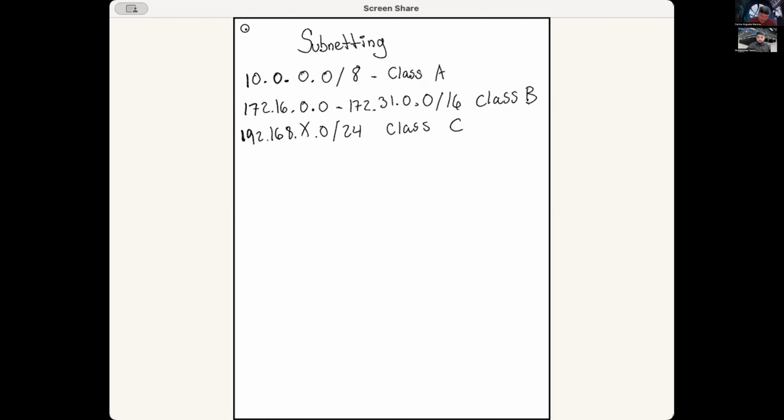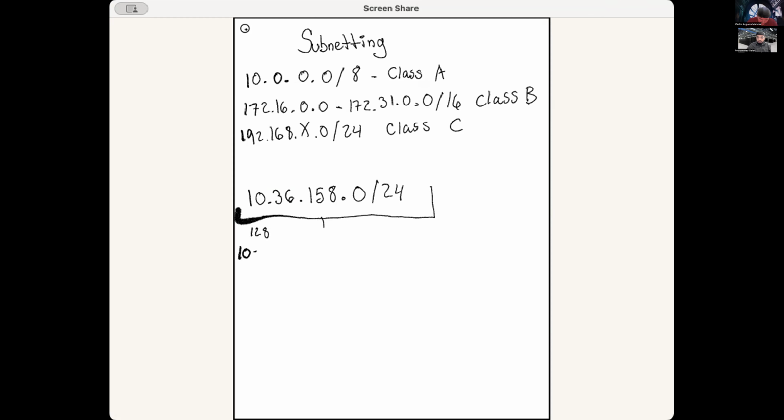So let's see. I'll create a subnet example. We'll start with 10.158.0.0/24. So what does this look like in binary? That looks like a tough thing to have, right? But it's not. Let's start with the 10. Let me write down my binaries here.